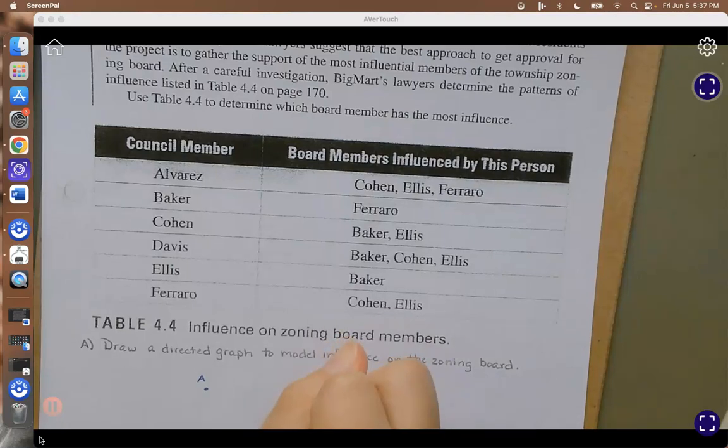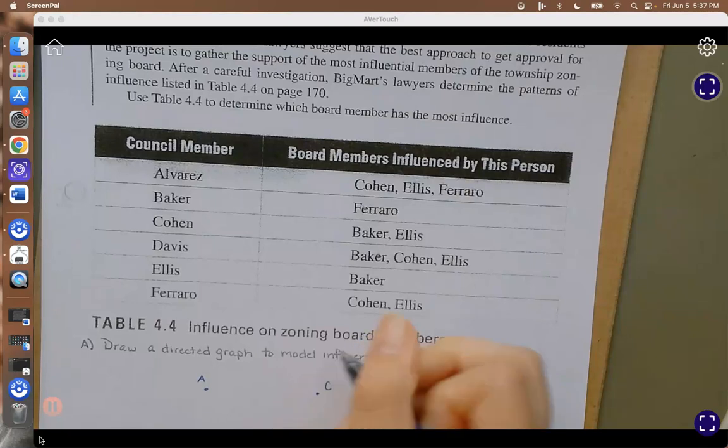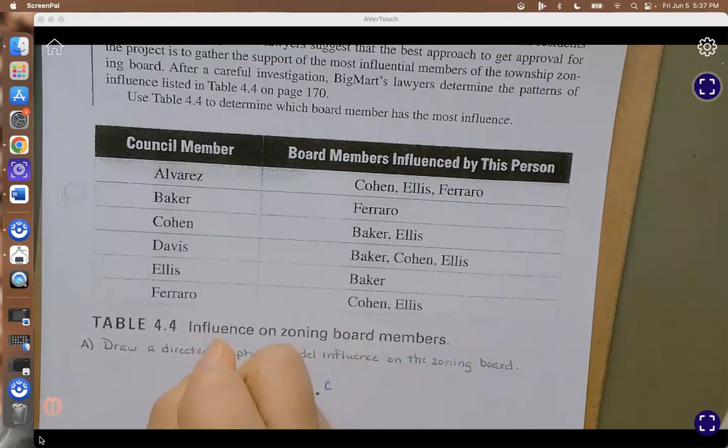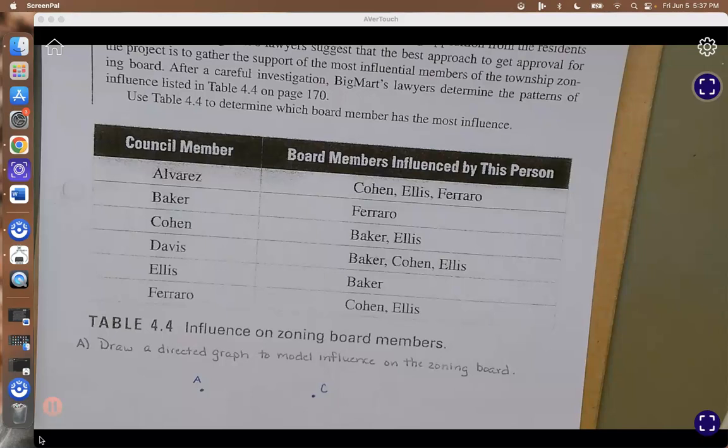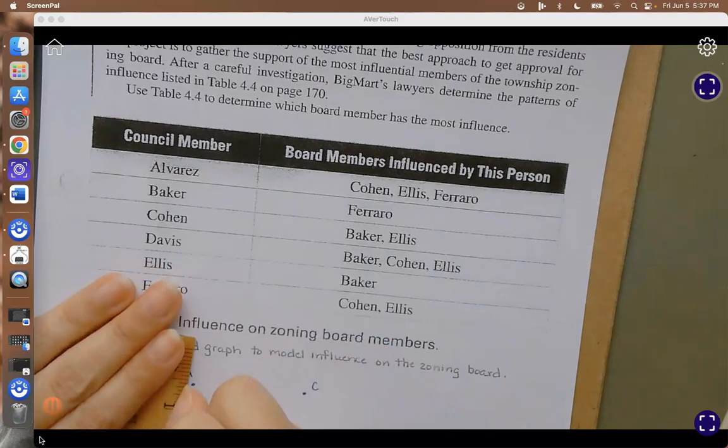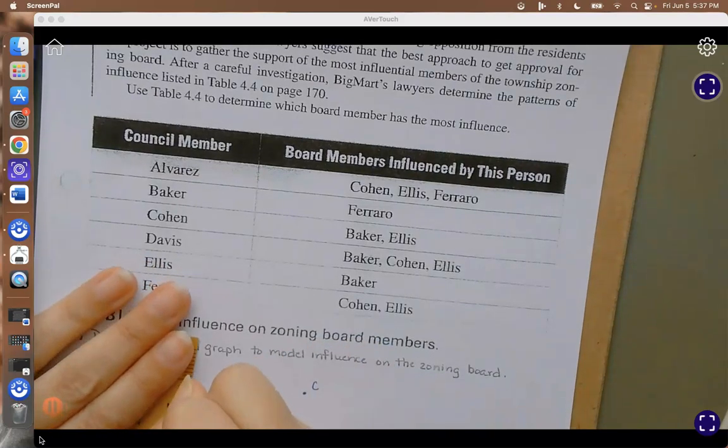And he's going to have influence on Cohen. We'll just put Ellis right here. And Ferraro. So we need to connect all these people to the A.